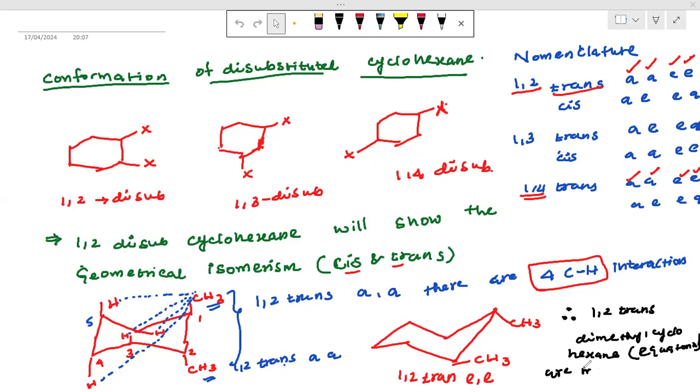I don't have space, so please write it properly. So 1,2 trans dimethyl cyclohexane in equatorial position is more stable than substituents in the axial position. Which will be the more stable? 1,2 trans equatorial will be the more stable.